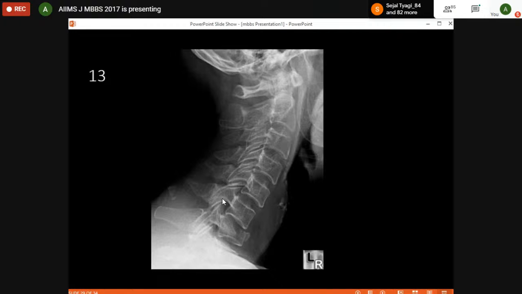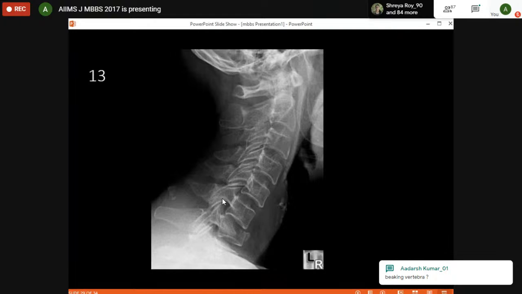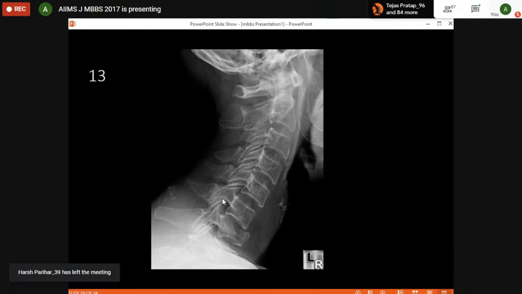Okay, you can take a look at this radiograph now. This is a cervical spine lateral radiograph. Try to start counting the cervical vertebrae from the top to the bottom and try to see if you can detect any abnormality here. Beaking vertebra? No, this is normal. This is not beaking vertebra.